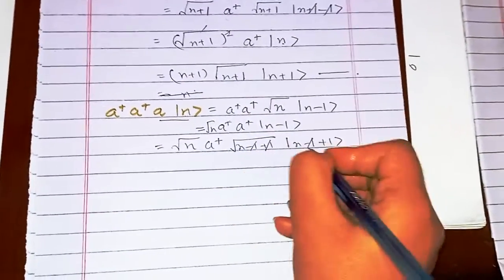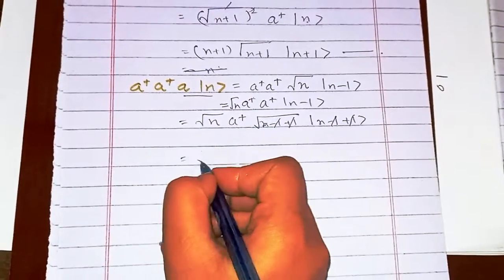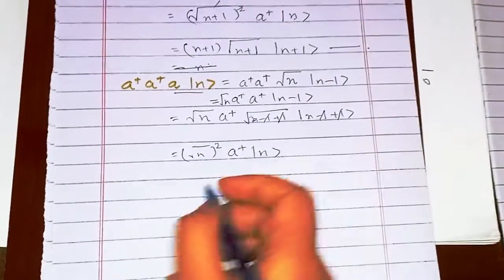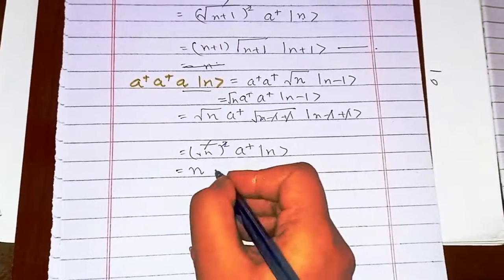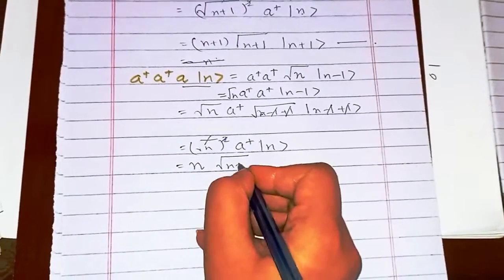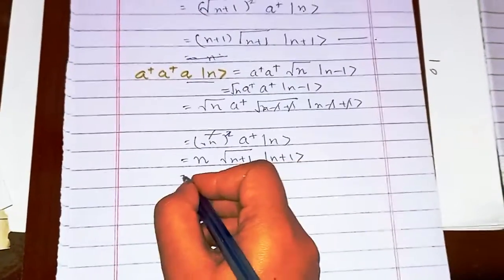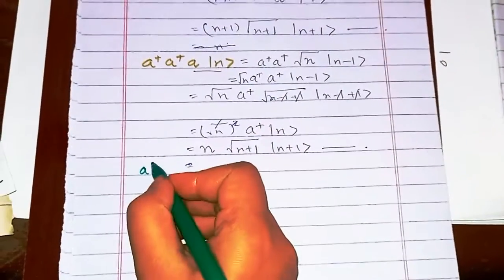Minus 1 plus 1 cancels out, and it's simply under root n, and this is under root n, and this is under root n, so it's under root n whole square, a plus on n ket. Square under root cancels out, n into raising operator applied on ket, raised by 1. That is it.